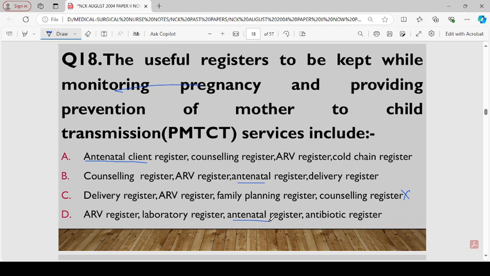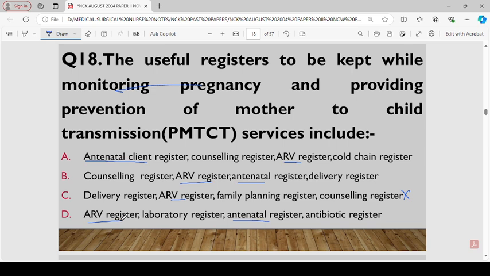So while providing prevention of mother-to-child transmission, please, the PMTCT register should be there, and I'm happy option A still has it. Option B has it. Option C has it, but we already said it's lacking the antenatal register, right? The PMTCT register is also here, right? Okay, now we can look at the other registers.